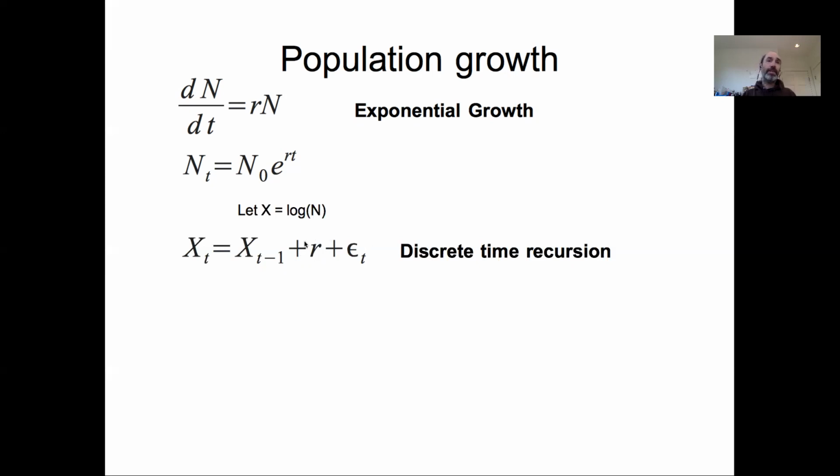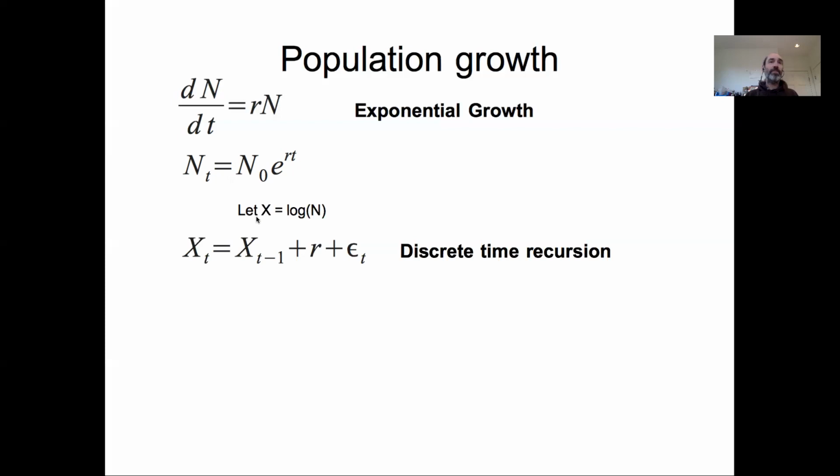So when we take the log of e to the r, we just get r back. And putting the error on here in the log domain essentially corresponds to putting a log normal error on the N's themselves, which is sensible here because populations are going to be zero bound. It doesn't make sense for them to be negative.